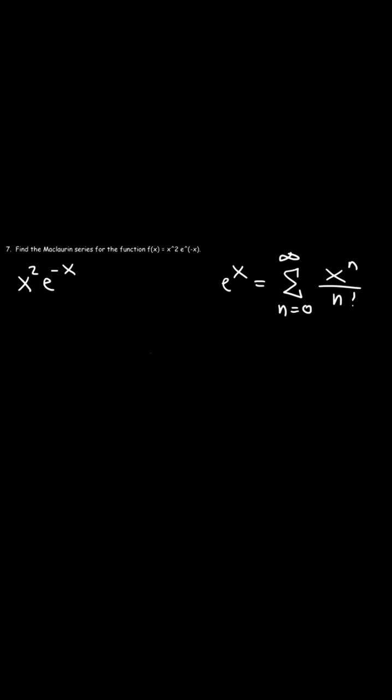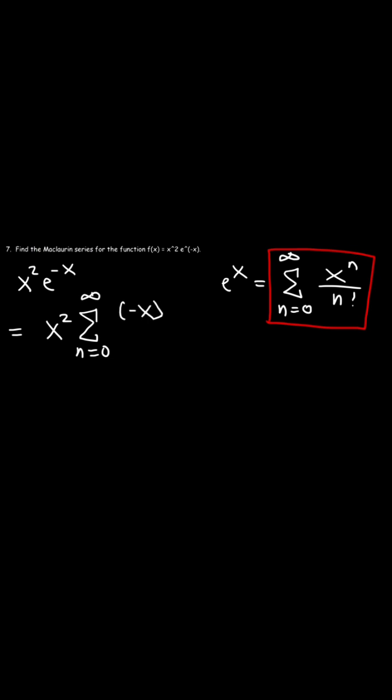So if that's e to the x, what is e to the negative x? So therefore, e to the negative x should be equal to the series of negative x to the n over n factorial. So all we need to do is replace x with negative x.